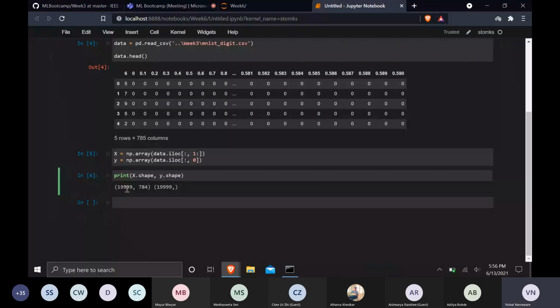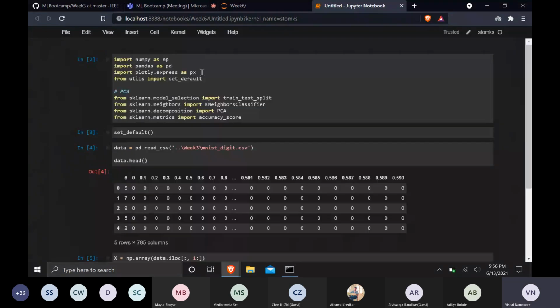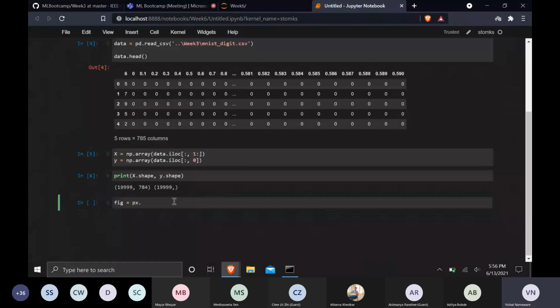So after this, we are going to see the first image, just to visualize that the images that we have got are correct. For doing this, we are going to create a figure, and we have imported plotly.express as px. So we are going to use that px.imshow, and I'm going to visualize the first image, right?